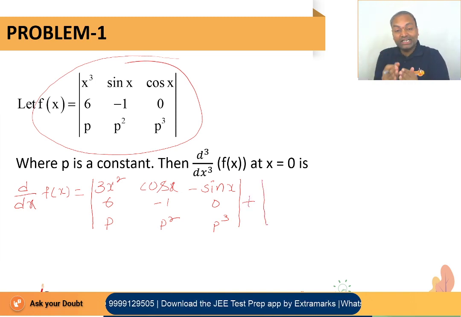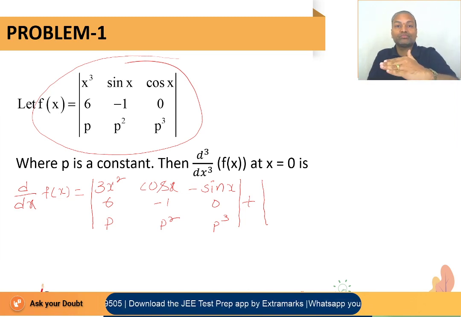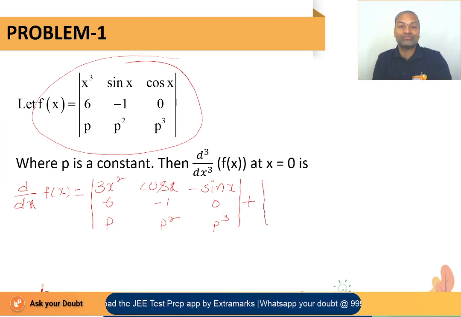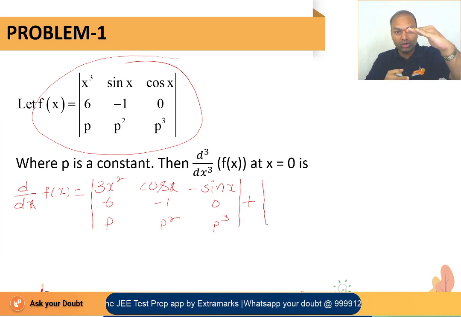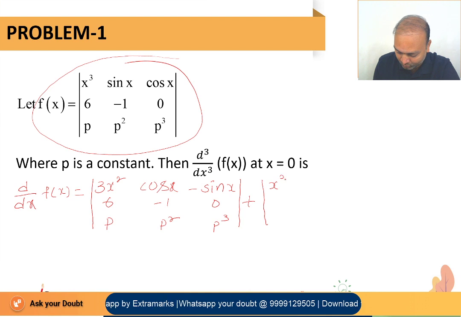In the second determinant you write the second row derivatives. Write the second row derivative; the first row and third row write down as it is. Okay. First row values are what? x cube, sin x, next cos x.